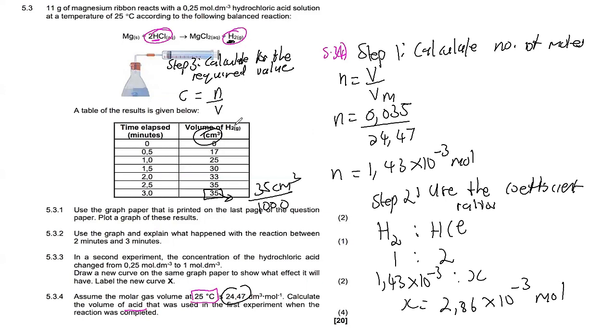So here we're going to substitute our 0.25, and then we have our number of moles as 2.86 times 10 to the exponent of -3, and then we have our volume. So to calculate our volume, we need to say 2.86 times 10 to the exponent of -3 over 0.25, right?